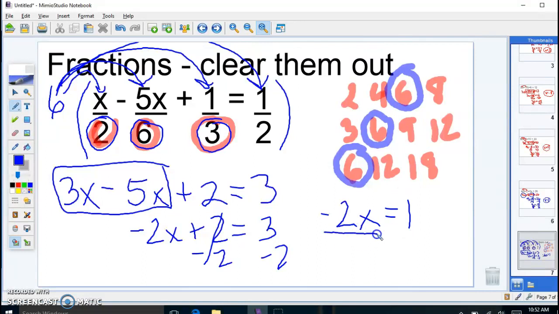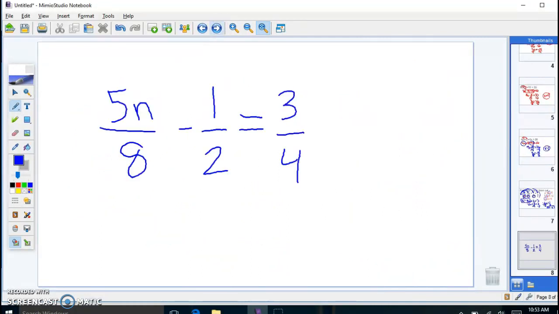The last thing I have to do is divide by negative 2, and we know that x is equal to negative 1/2. We can leave it in fraction form. But now we've solved the equation. We didn't have to mess with the fractions. We have x equals negative 1/2.